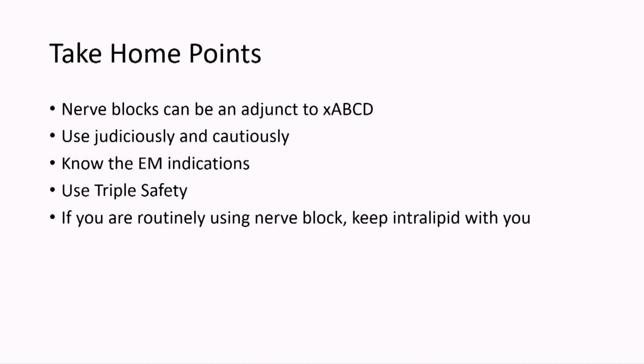We should be able to know, or at least derive our own indications. For example, if a shoulder dislocation comes, I will be giving an interscalene brachial plexus nerve block. Like that we should be able to derive our own indications for our nerve blocks, and then use the triple safety methods for regional anesthesia.